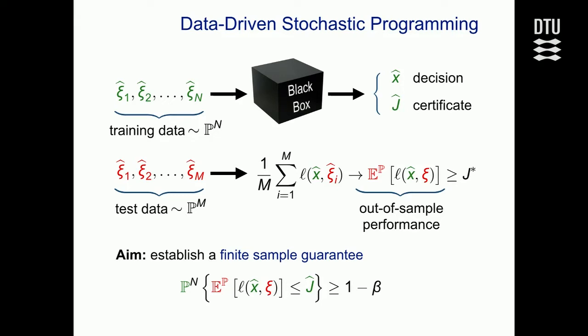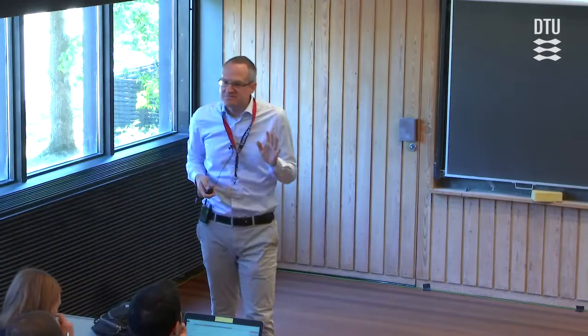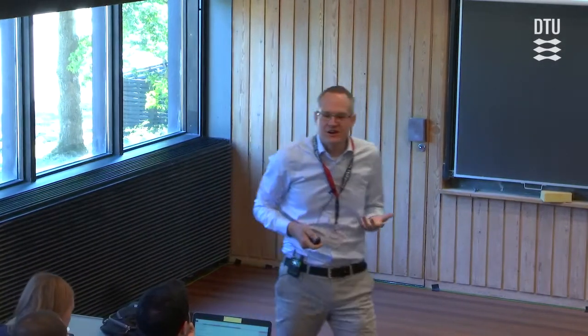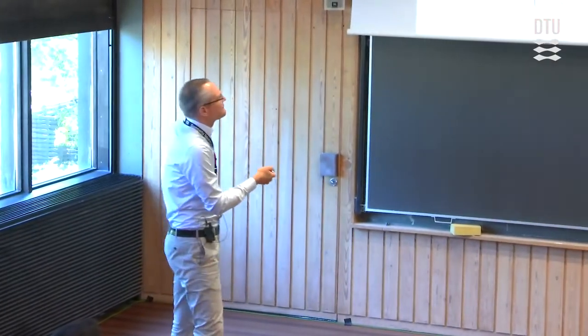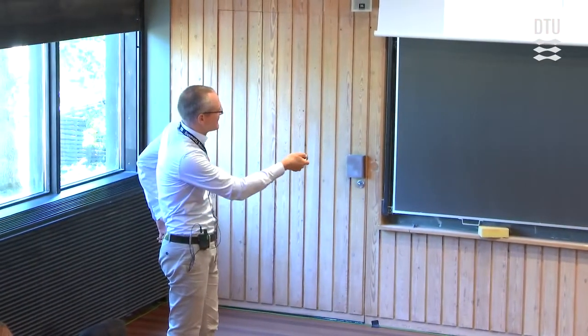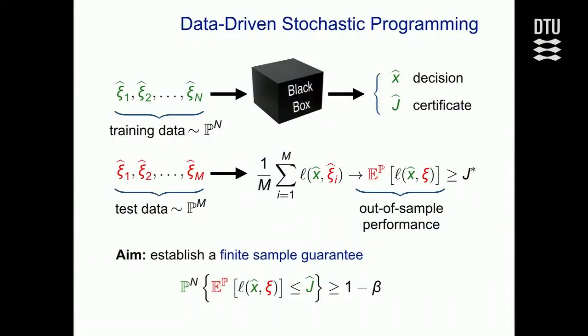So the thing you really want is an upper bound. Ideally, you would like an upper bound on your out-of-sample performance. So that's the goal in, say, data-driven optimization. You would like to establish, ideally, a finite sample guarantee, and that's a relation that looks a bit like that.